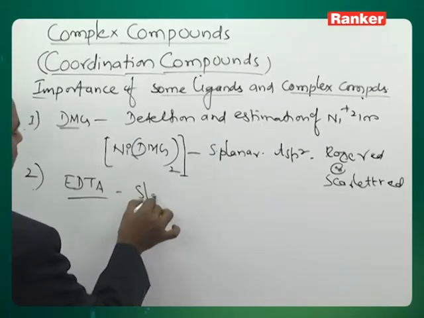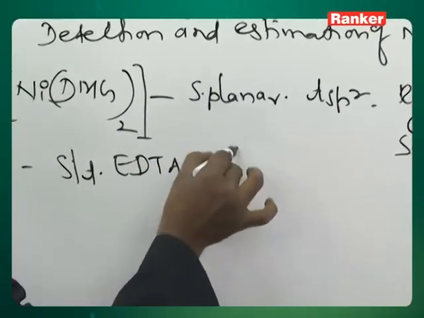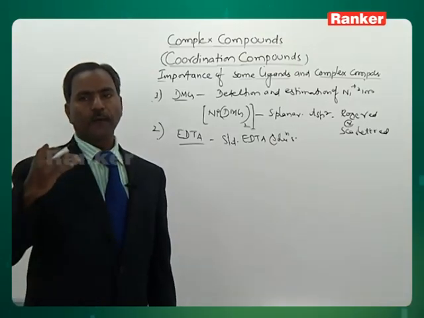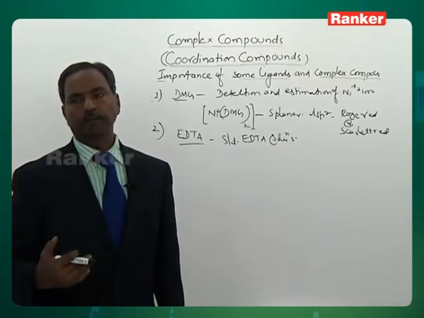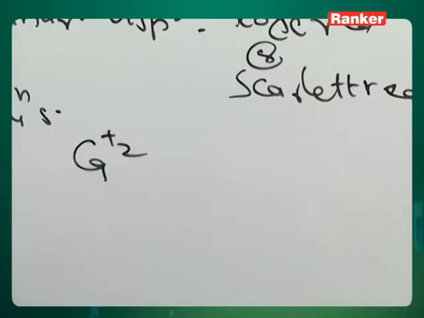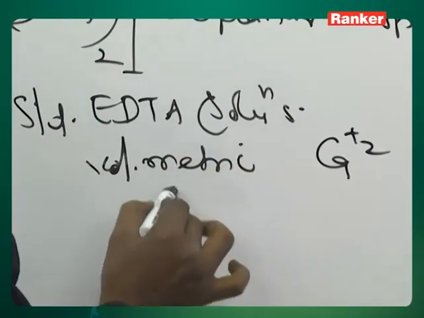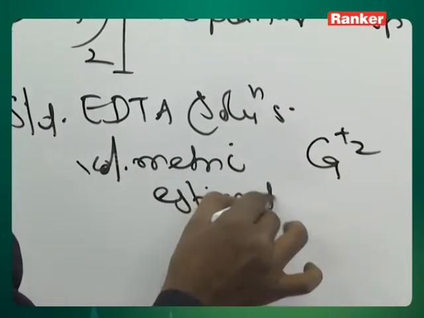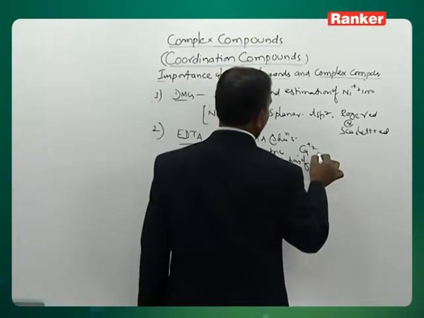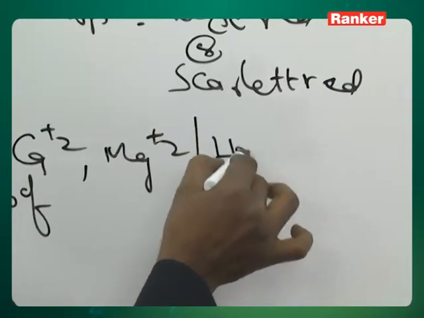Standard EDTA solution is generally used in the volumetric estimation of calcium plus 2 and magnesium plus 2, or you can also say in the estimation of hardness of water.